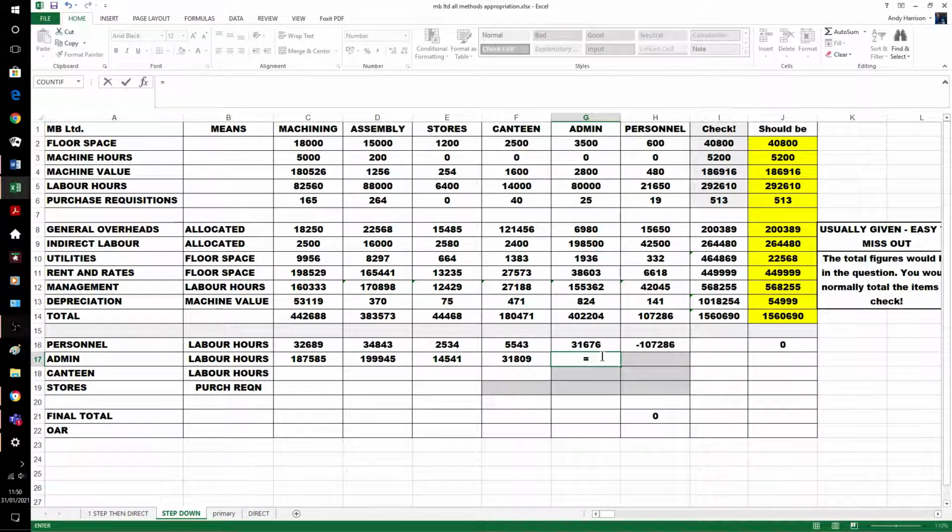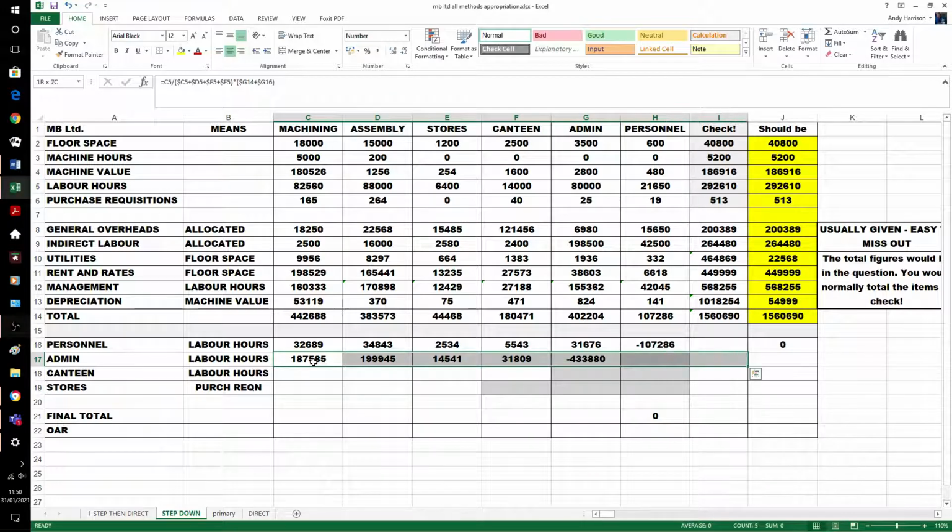We can check this, so those are those 2 added together. Well, we'll just double check it properly, and hopefully we've got a 0. If we haven't, we've made a mistake somewhere.